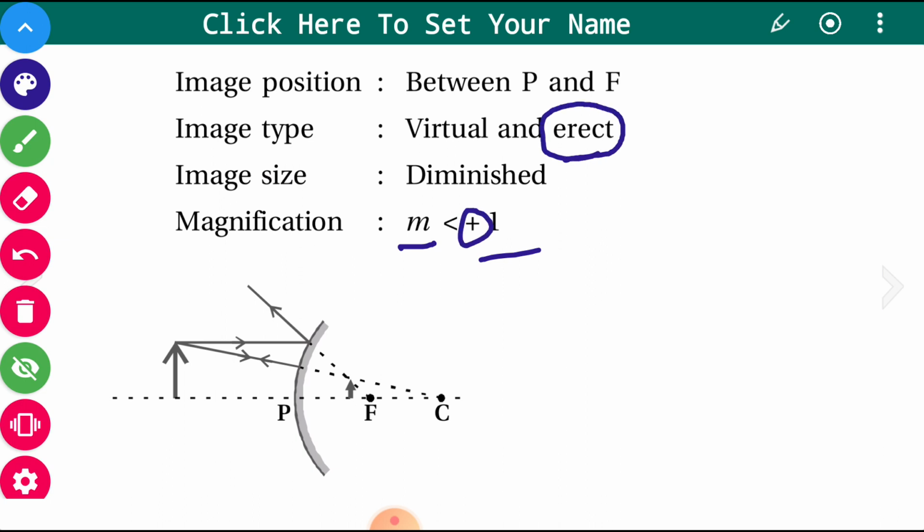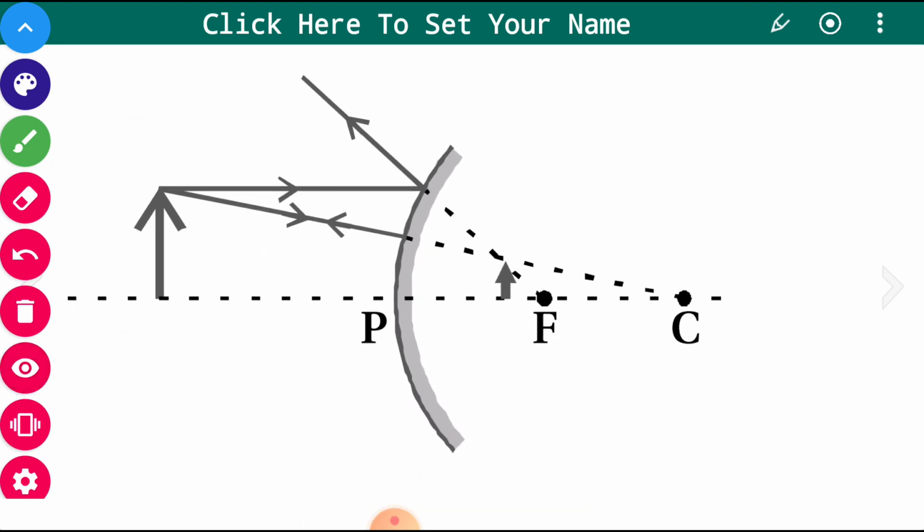Again you can see the ray parallel to the principal axis will first diverge, and it will pass through the focus. Then the ray directed towards the center of curvature will reflect in the same direction. Okay, let me zoom it for you. Now you can easily see. The ray parallel to the principal axis, after reflection, if you extend it in the backward direction, will pass through the focus.